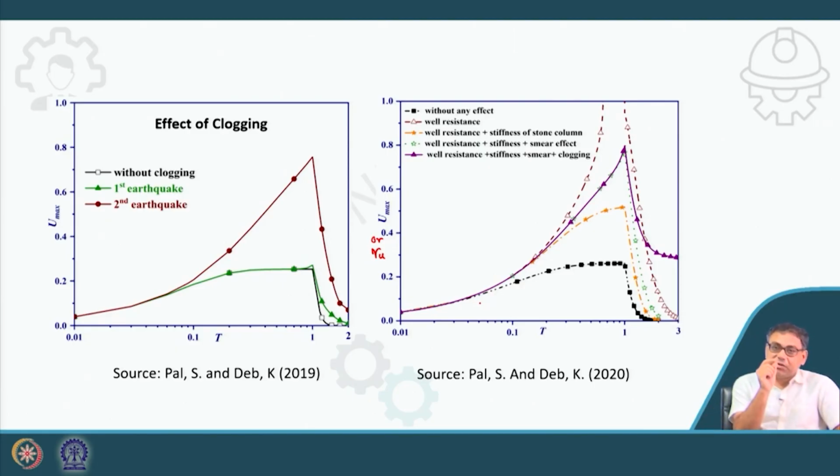But the clogging has to take a certain time, because we have to give some time for the fine particles to block the pores of the columns. Then the clogging will be effective, or the clogging will start and it will affect the result.